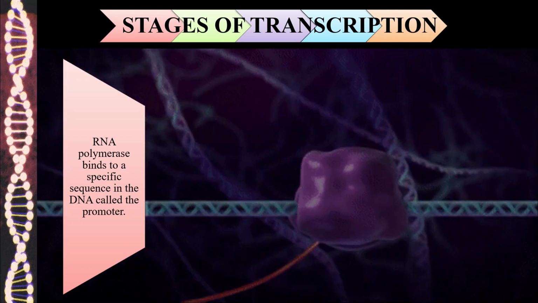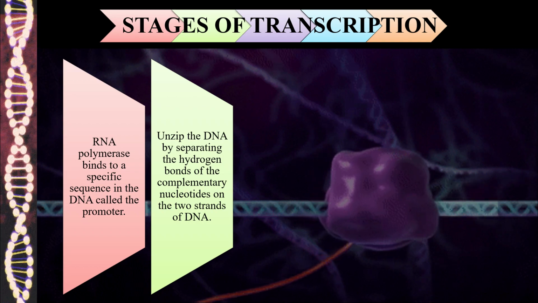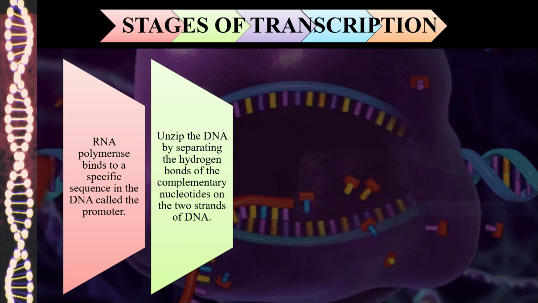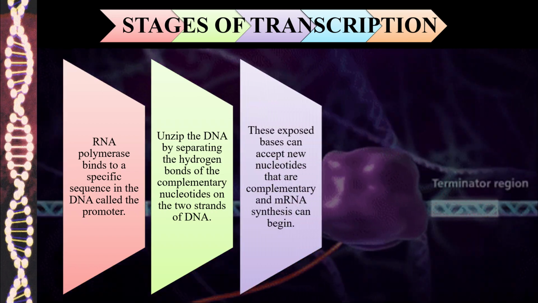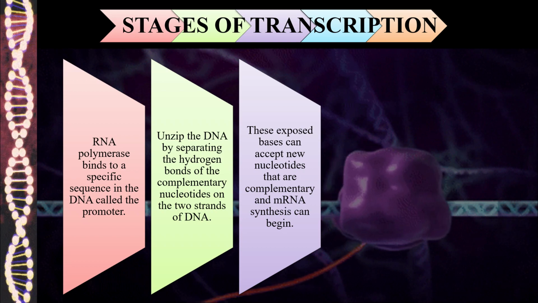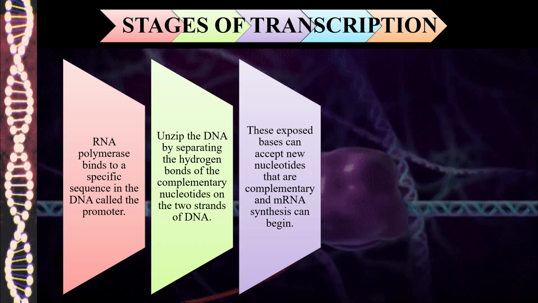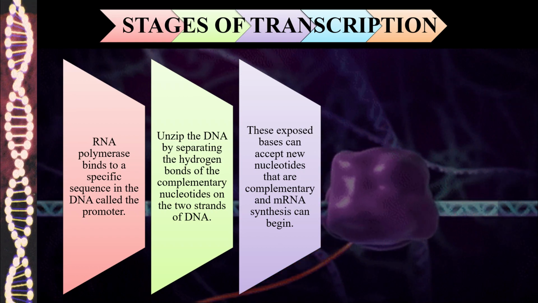RNA polymerase will bind. Then when the RNA polymerase binds, it will start unzipping the DNA. It will break the hydrogen bonds present between the two strands of the DNA and separate them, followed by the elongation step, in which the new nucleotides will be added by complementary base pairing to the template strand.